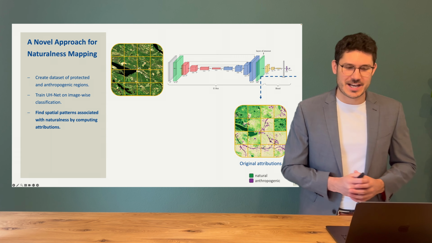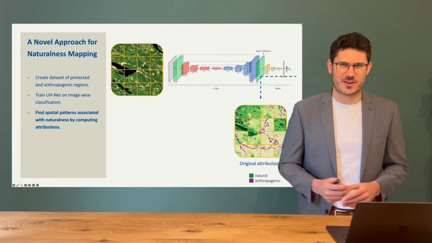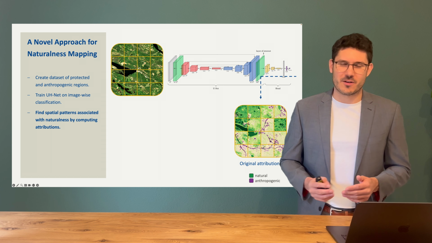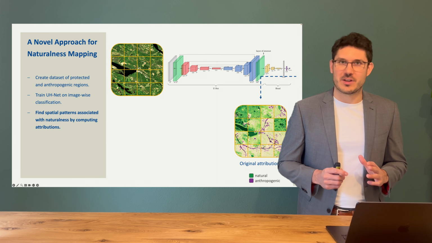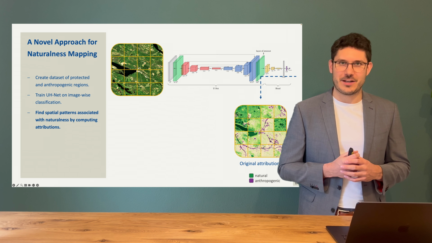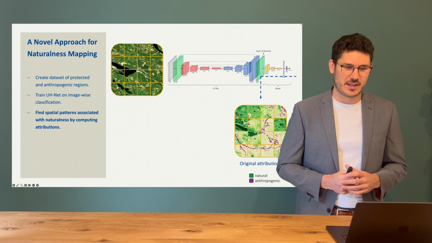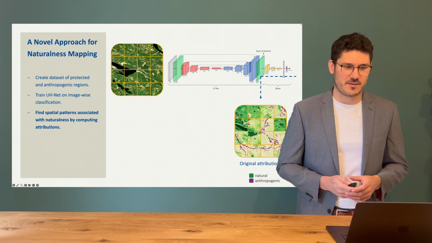Here I'm showing you how original attributions look like, so not harmonized attributions. As you can see, they look very inconsistent. This is because we have to divide a large-scale image into smaller patches with the same size as the training data. And thus, the original attributions become inconsistent.